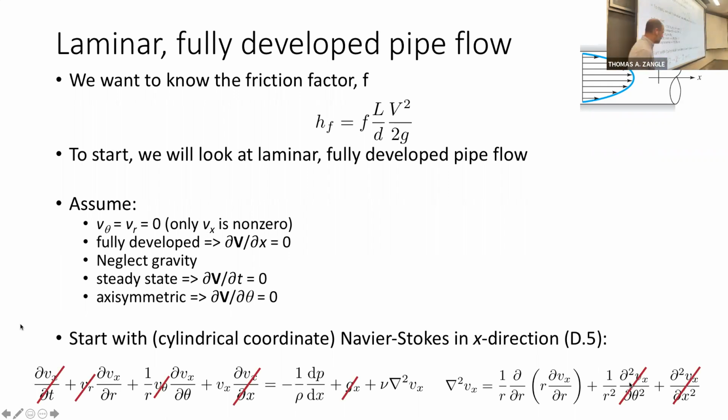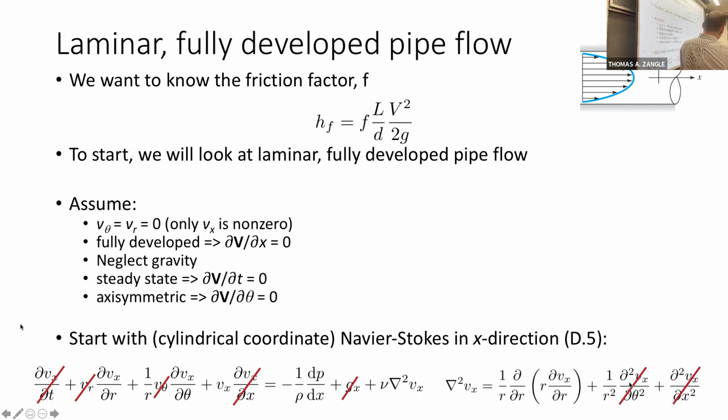Okay, so we're going to start dropping things out of this. So d/dt is 0 because we're steady state. Vr is 0. V theta is 0. dVx/dx is 0. So this entire left-hand side dropped out. Gx is 0 because we're ignoring gravity.